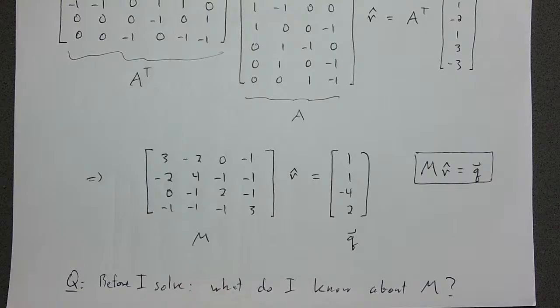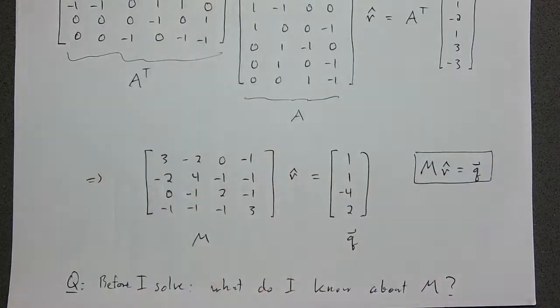That's just one thing. The fact that M is symmetric is going to be true in any of these normal equations problems, because this M ultimately is A transpose A, and A transpose A is always symmetric because of how the transpose works. So that is the deal. M is going to be symmetric.